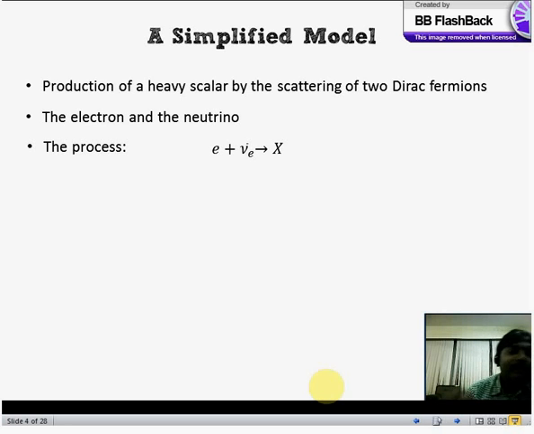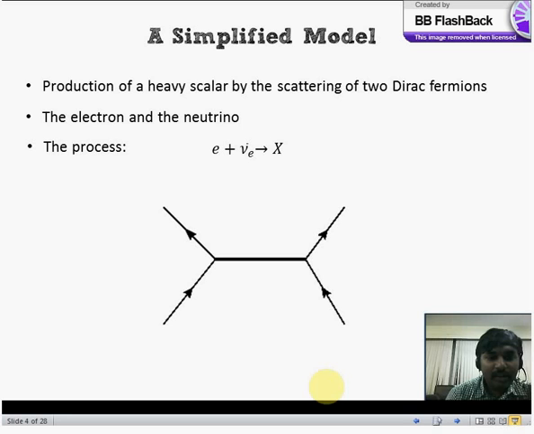It is up to the experimenter to make sure that the energy of the electron-neutrino pair comes very close to the mass of x. That is left up to the experimenter, and our theory will be dealing with only that region where s minus m squared is of the order of m times gamma.